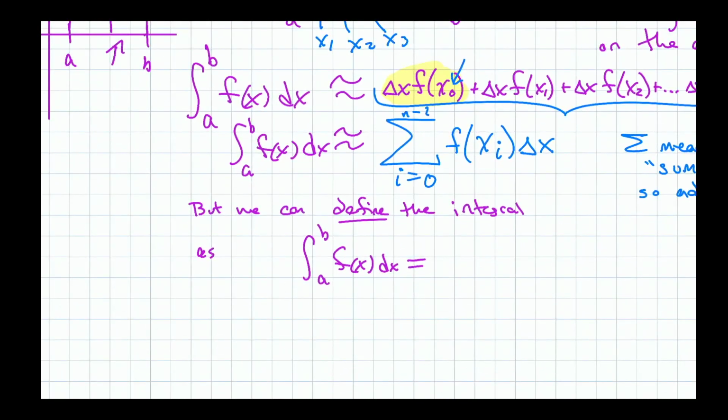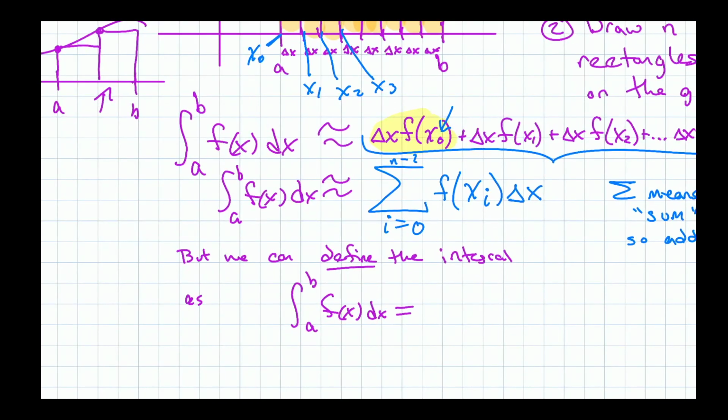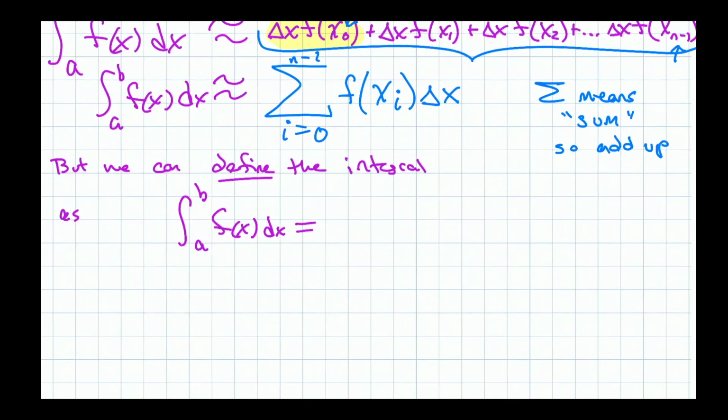Well, what's the most rectangles you could do? You could do 50 rectangles, that's good. But then you could do 100 rectangles, or 1,000, or 1,000,000, or 1,000,000,000. If you used 1,000,000,000, how would you tell the difference between your answer and the real answer? You wouldn't. And so if you wanted to make a definition, you would do the integral as n goes to infinity of this thing.